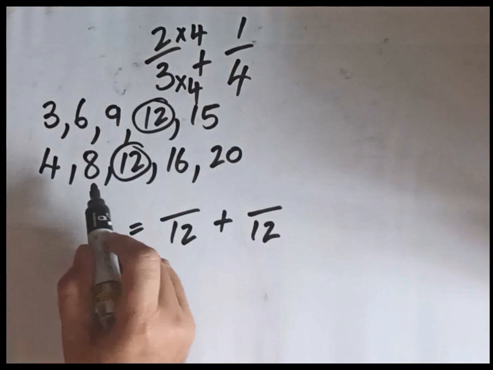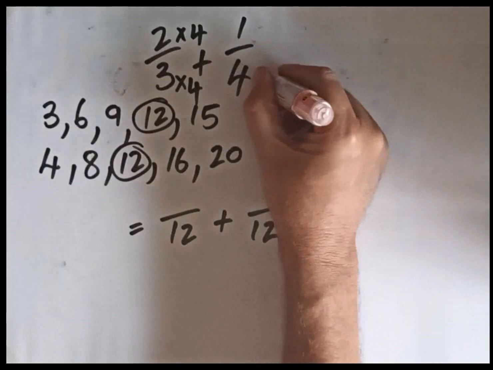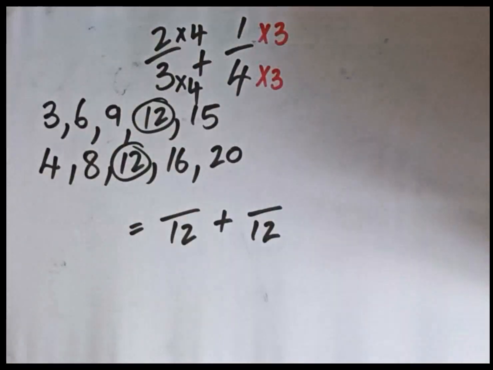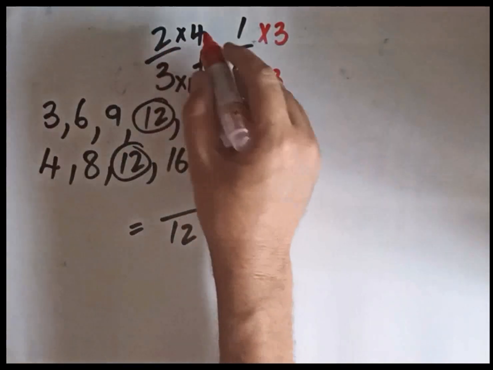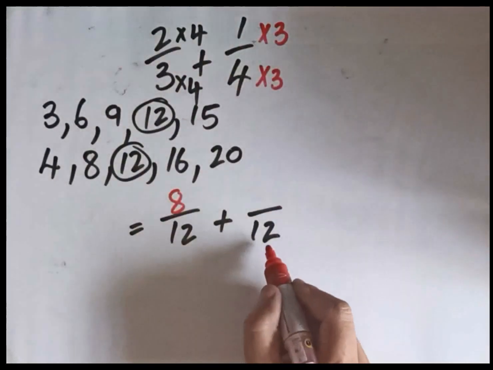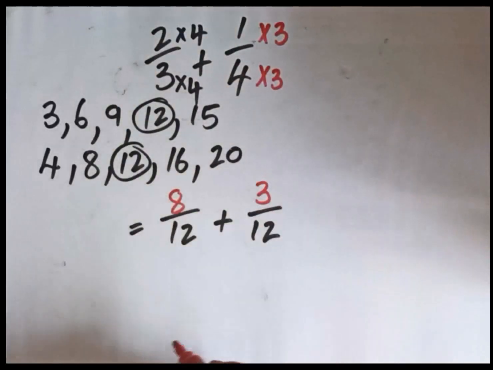We can count 1, 2, 3. So we multiply 4 by 3, and what we do at the bottom we must do at the top. So now we just do the calculation. 3 times 4 is 12. 2 times 4 is 8. 4 times 3 is 12. We just do this to make sure. 1 times 3 is 3.